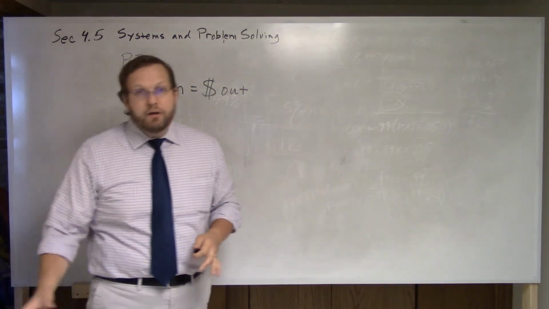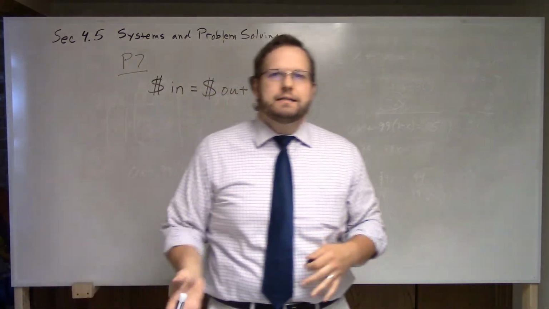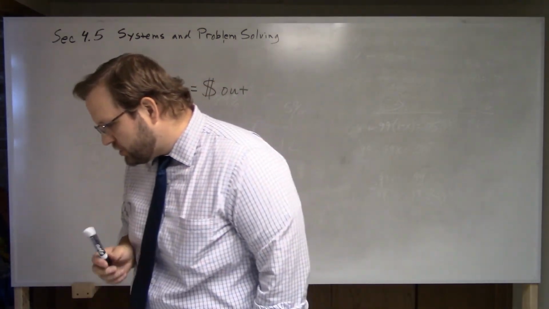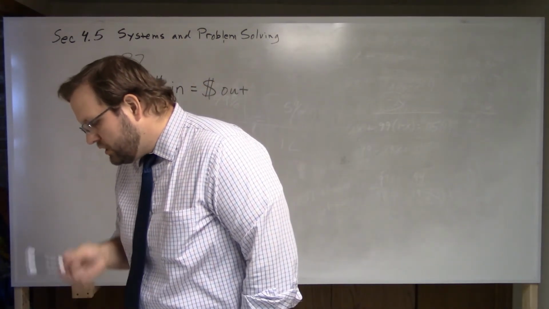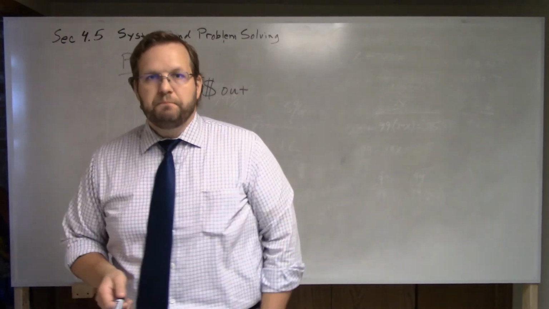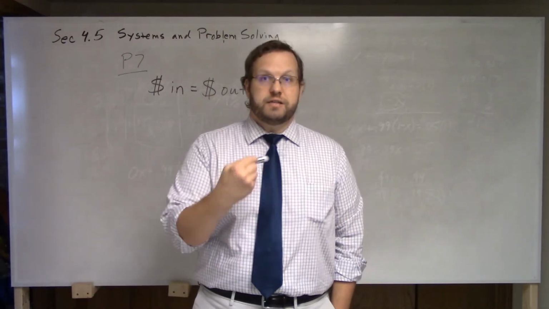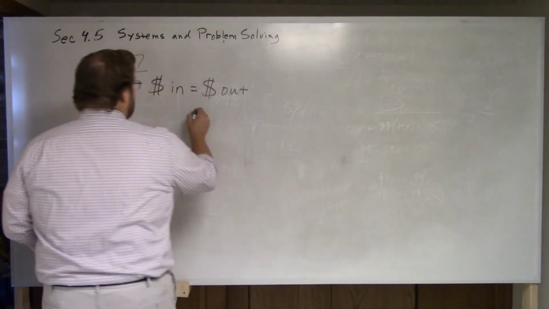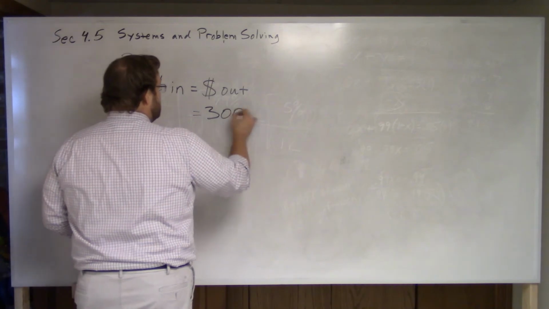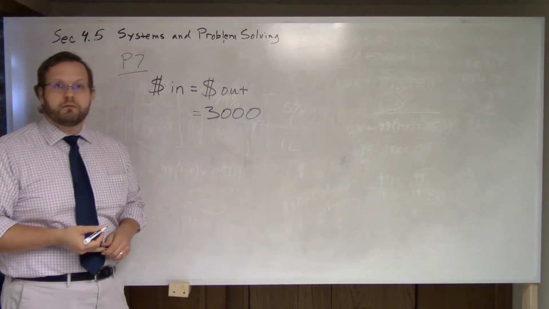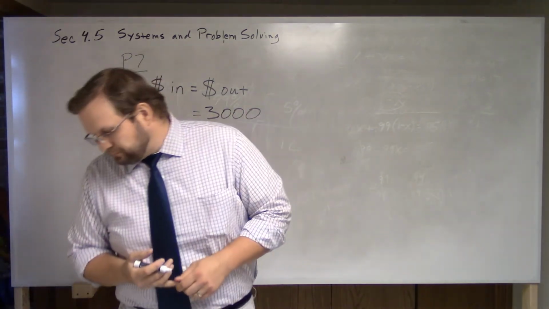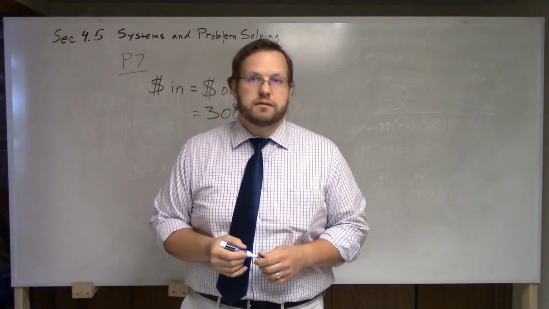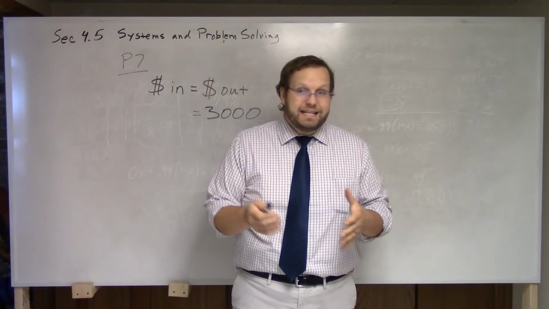Now let's figure out where the money in is and where the money out is. It says, an online-only electronics firm recently purchased $3,000 worth of new equipment to create shock-proof packaging. So we purchased $3,000 as the business owner. That's a money out. I made a one-time purchase of $3,000. After that, it says the cost of producing one of these packages is $2.50. If I'm making something, I need to buy materials.